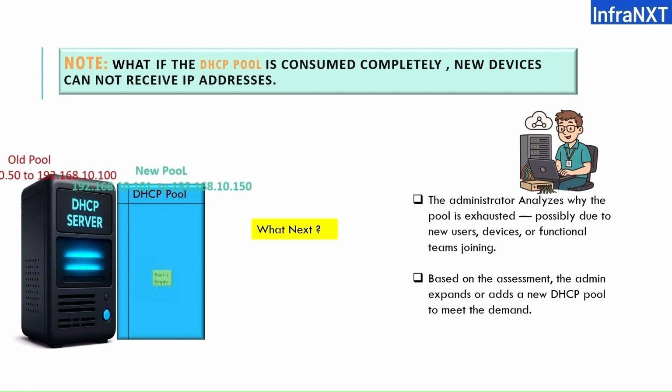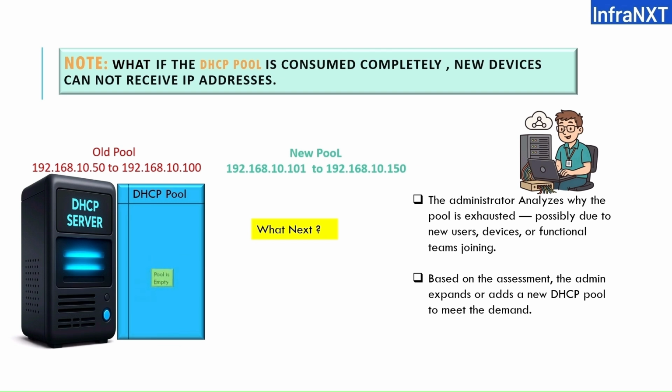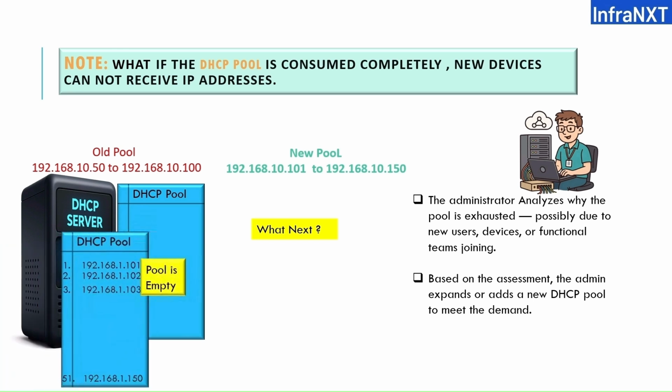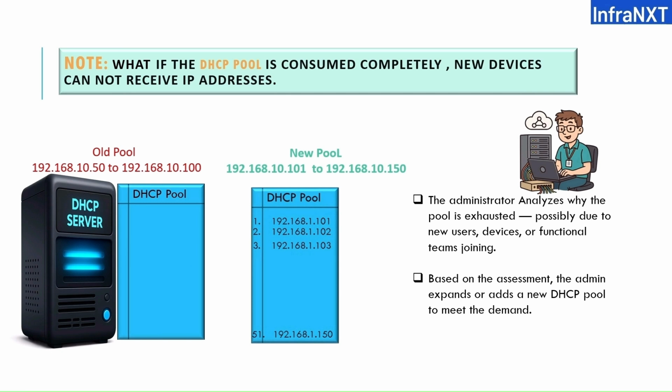Here you can see the old pool and the new pool. In the new pool, the IPs from 192.168.10.101 to 192.168.10.150, where the 50 new users can be accommodated under this pool. And that's how this problem can be sorted out.